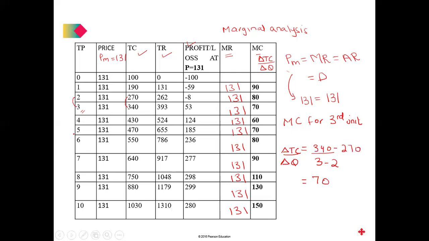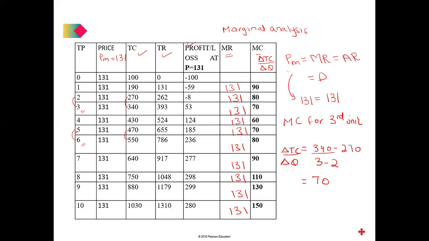We can do another example. If I want to find the marginal cost for the sixth unit, this is how I will go about it. What is the change in total product when it goes from 5 to 6 units, and what is the corresponding change in total cost?